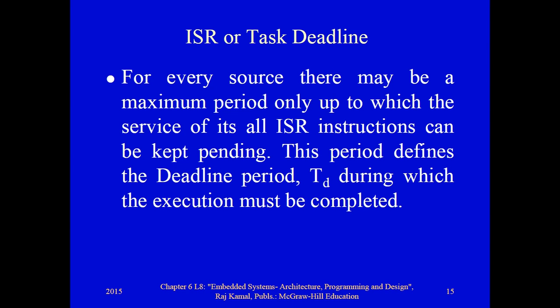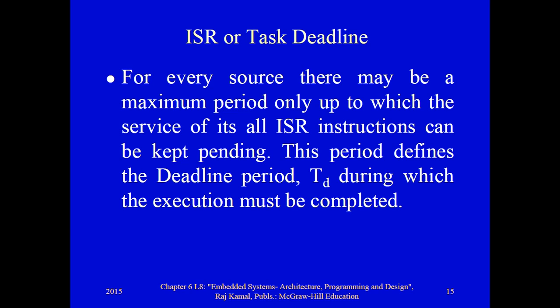That means that for every source there may be a maximum period only up to which the service of all its ISR instructions can be kept pending. This period is called the deadline period, indicated by TD, and the execution must be completed before TD.